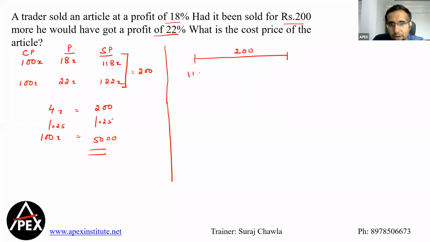One selling price is 118% of CP. The second selling price is 122% of the same article, that is the same cost price. So can I say the gap between them is 4% of CP, which is equal to 200. This should be your shortcut on your notes.